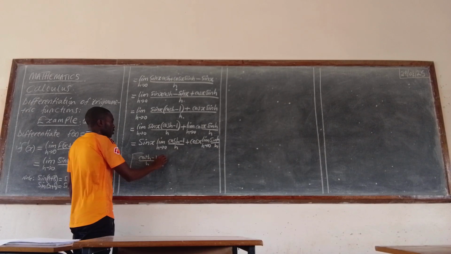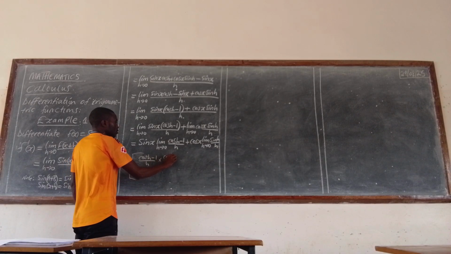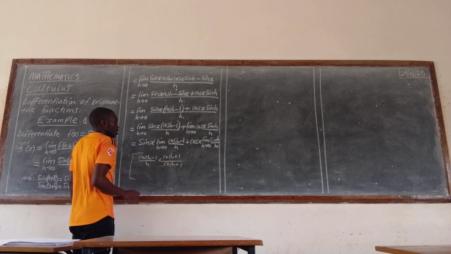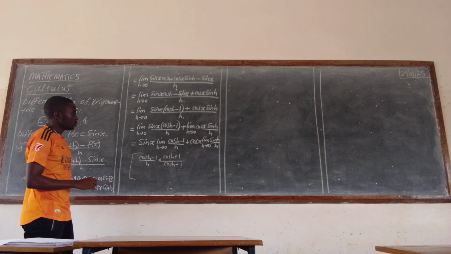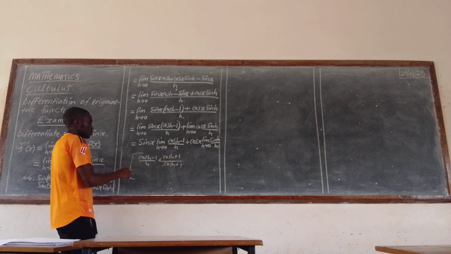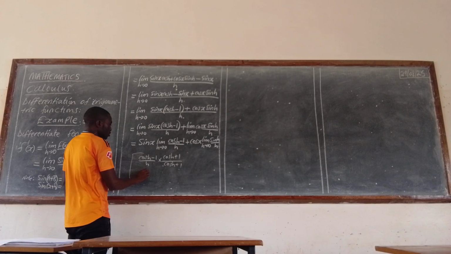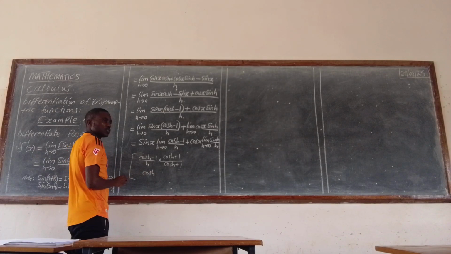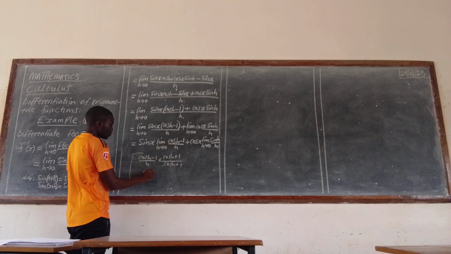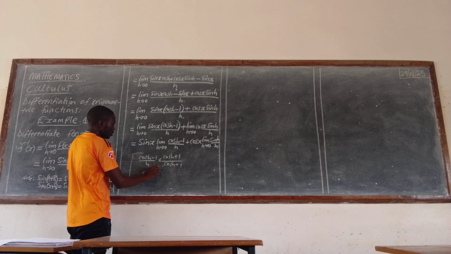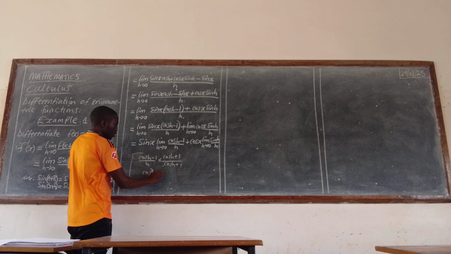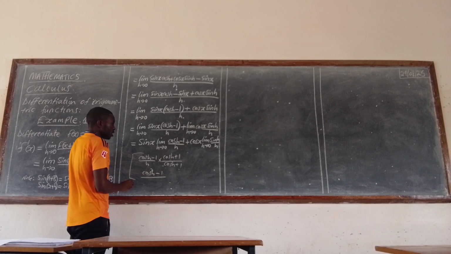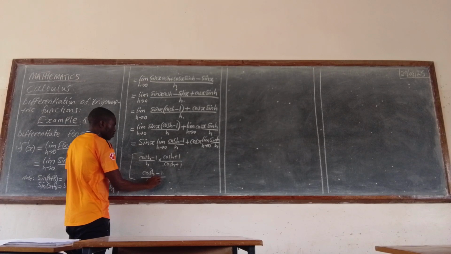We can multiply this by the conjugate, cos h plus 1 divided by cos h plus 1, and we see what it will give us. It will give us cos squared h minus 1, divided by h times cos h plus 1.